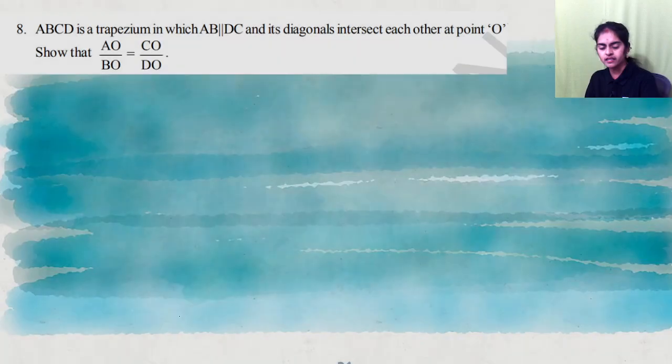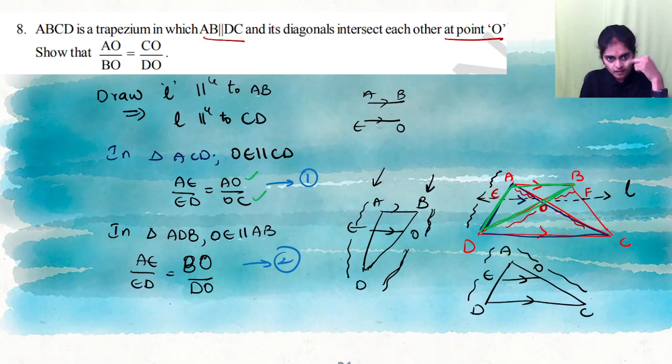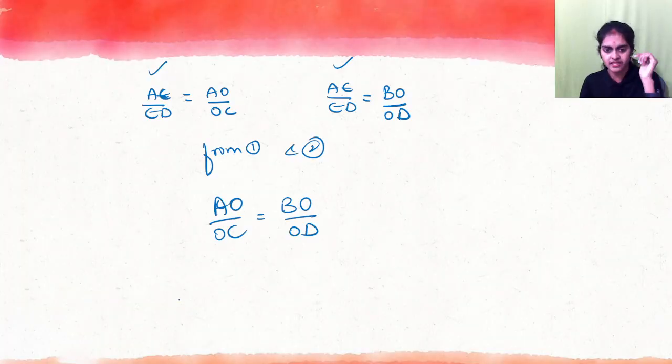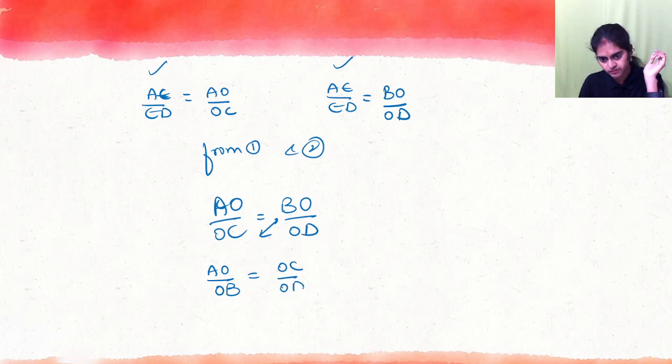But if you just check, you want AO by BO, CO by DO. A, B, C, D. That is how you want. But here you got A, C, B, D. So you just have to cross multiply. So you'll get AO by BO, and OC goes up. This is what you have to prove.